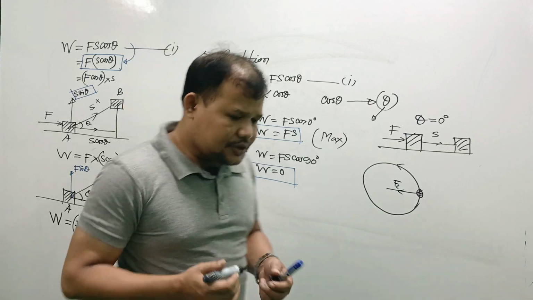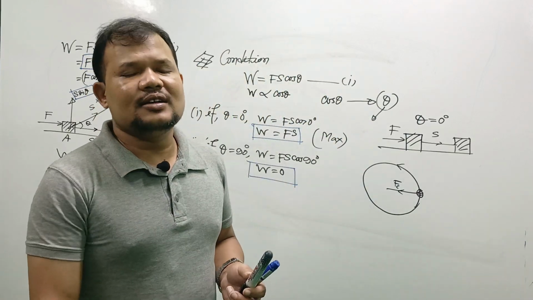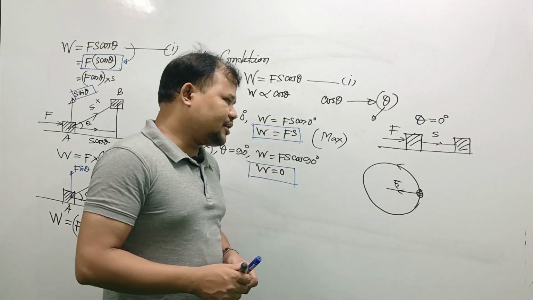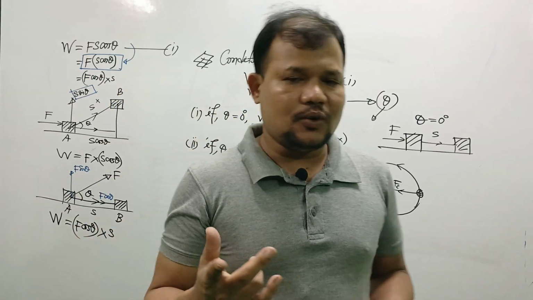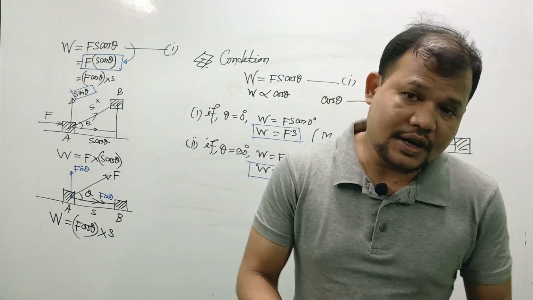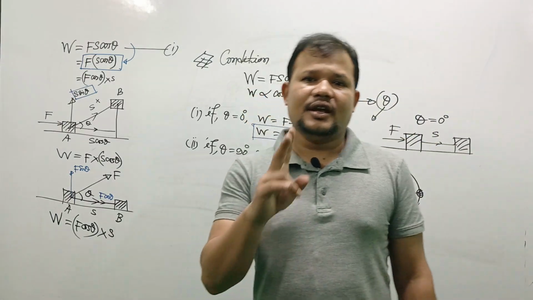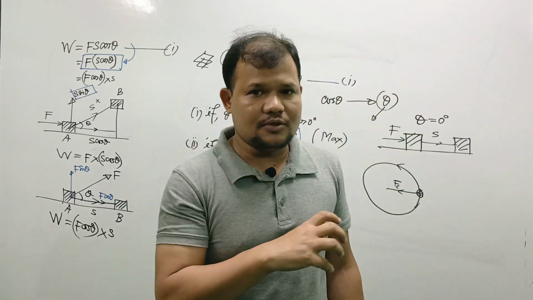The direction of the centripetal force is always toward the center of the circle. And always try to understand, there are two types of displacement. When any kind of object rotates around a circular path, two types of displacement are involved in this situation.